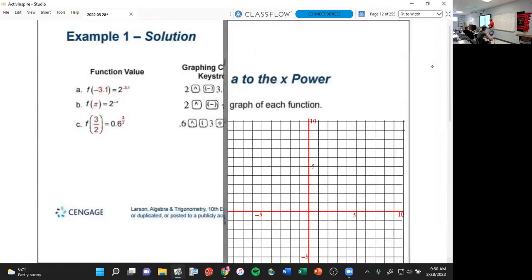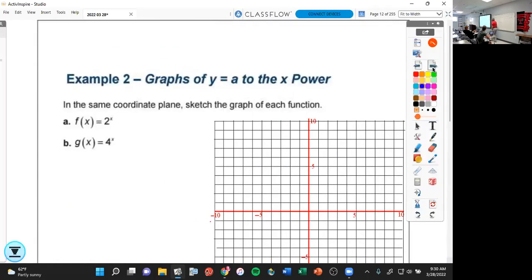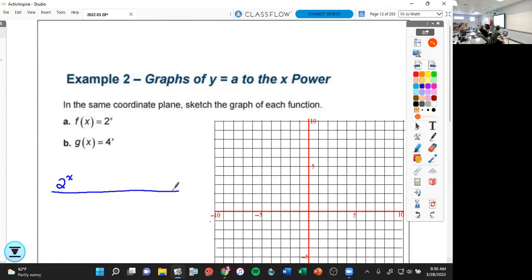Okay. In the same coordinate plane, sketch the graph of each of the functions. I'm going to graph 2 to the x power. I'm going to graph 4 to the x power. So if we were to make a t-table of this, I have 2 to the x power, I have 4 to the x power.